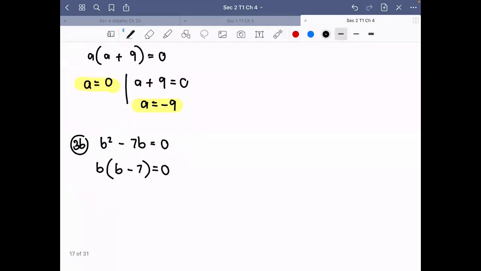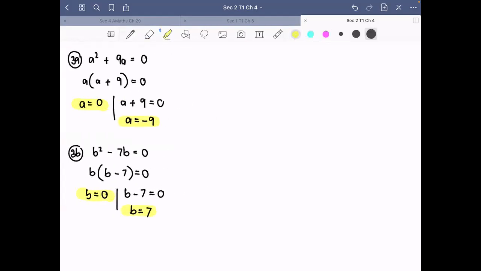So you have your factors now. Next step is to equate them by 0. So b is equal to 0, and then the other one is b minus 7 equals 0. So your answers are 0 and 7. So that's your answer for 3a and 3b.